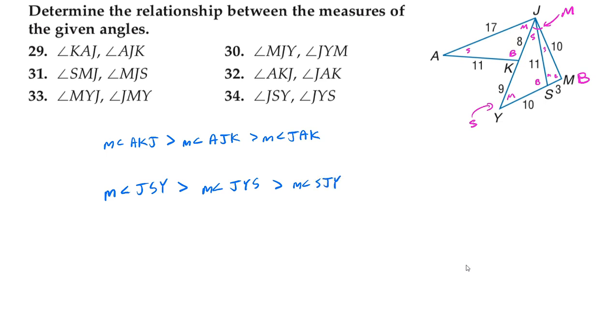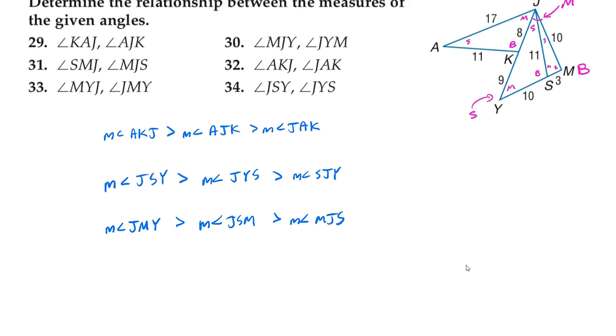SJY. Okay, and then in that small triangle to the right, we have measure of angle, they should have just used M, but okay, JMY is bigger than measure of angle, that was the biggest, so JSM is the medium, and then we have measure of angle, the smallest, MJS. Okay, and then we even have the big double triangle there.